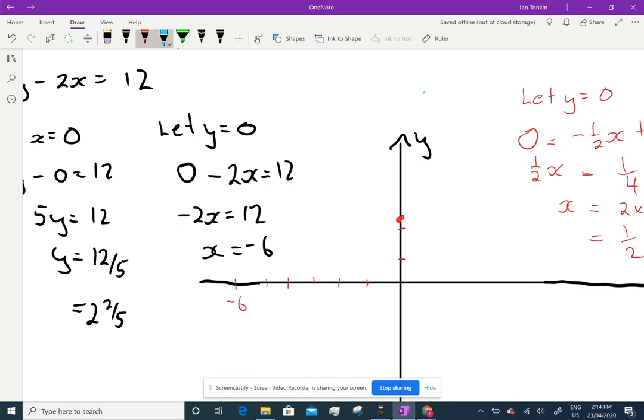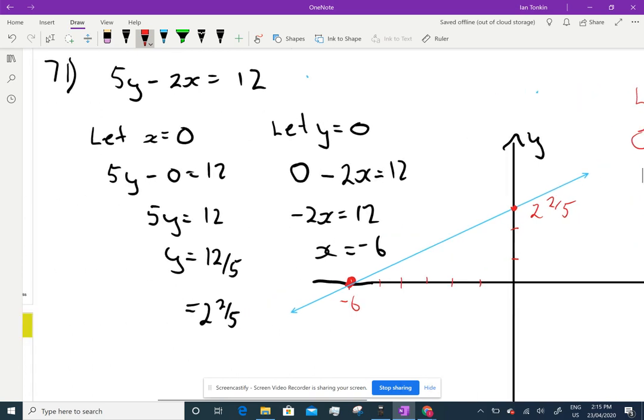So they're my 2 points. And if I just get a ruler and go through them, and what I'm going to do is I'm just going to change that to there, because that's 2 2/5.